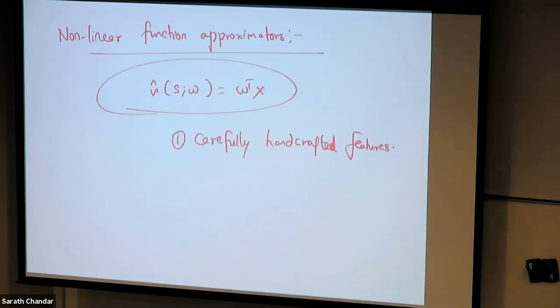Depending on how you construct your features, you can make the problem hard or easy. If you give all the information required to make the decision, then probably a linear function approximator suffices. It is going to consider everything and tell you, okay, this is the action that you should take. Is it clear?